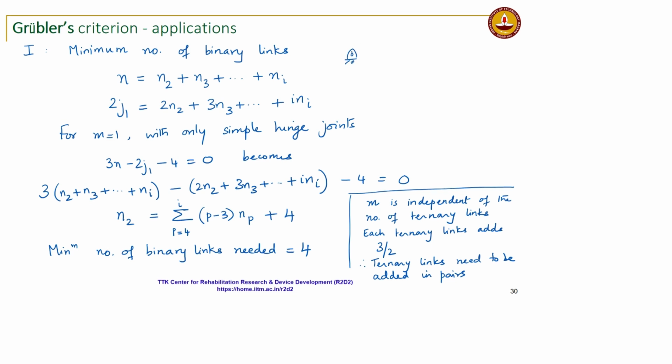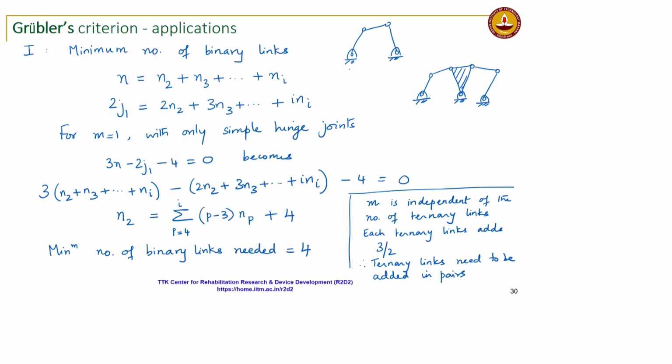So, I have a 4 bar, with 1, 2, 3, 4, all simple hinge joints. Which are the 2 ternary links?